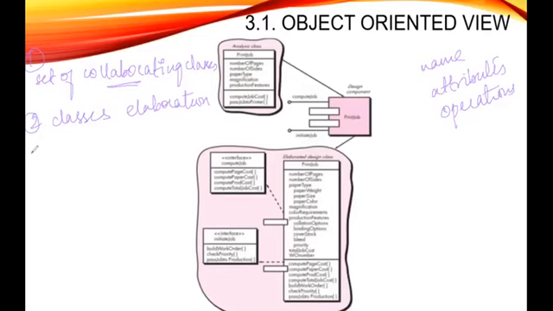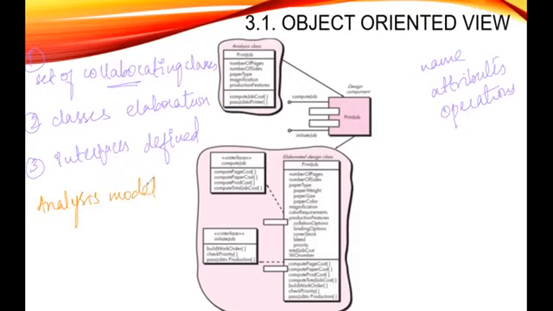Then you need to define all the interfaces. Interfaces are the communication points between the different classes. So all the interfaces that are going to enable the different classes to communicate need to be defined. Interfaces need to be defined. Now, to accomplish these 3 things, the designer is going to begin with the analysis model.